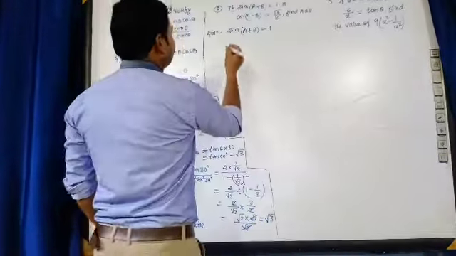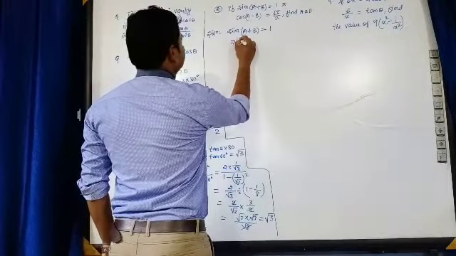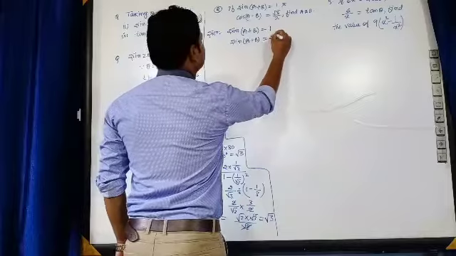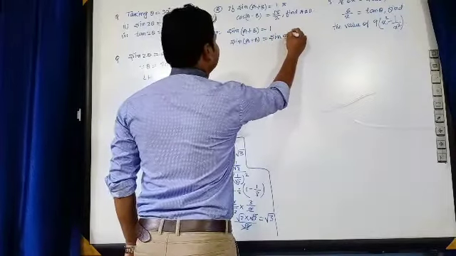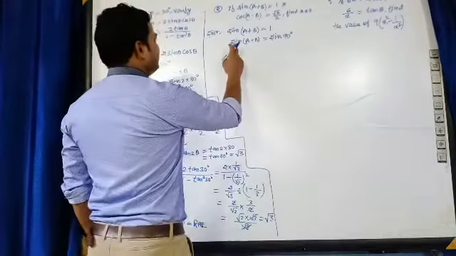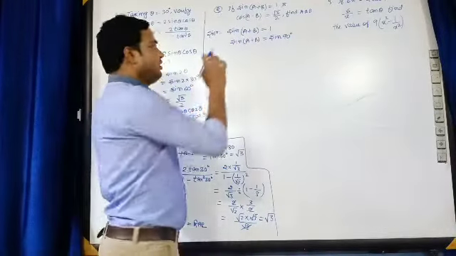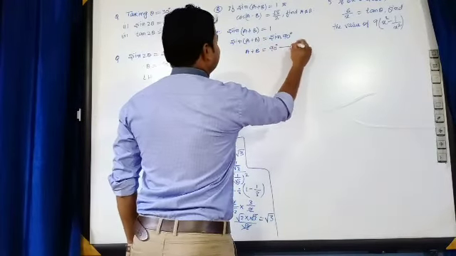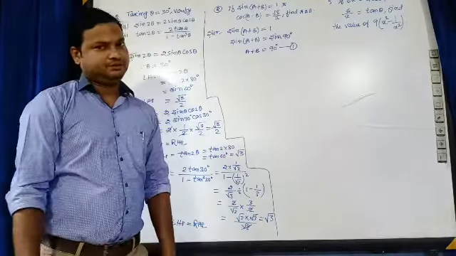It means, look here, sin (a plus b) equal to, in place of 1 we can write sin 90 degree. Now sin cancels, just write here a plus b is equal to 90 degree. This is equation 1.